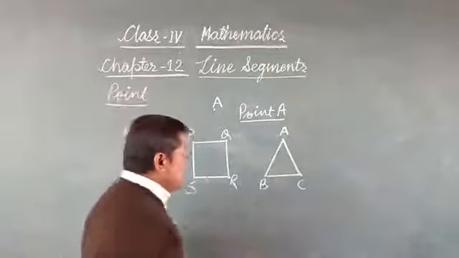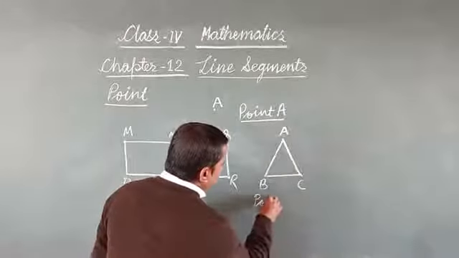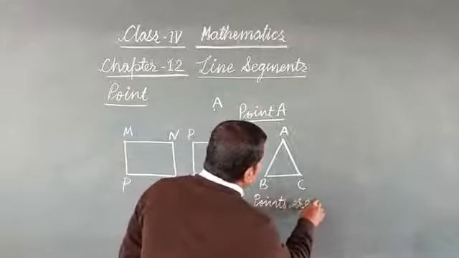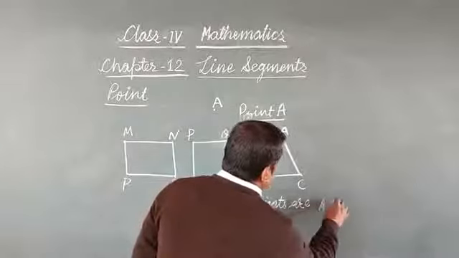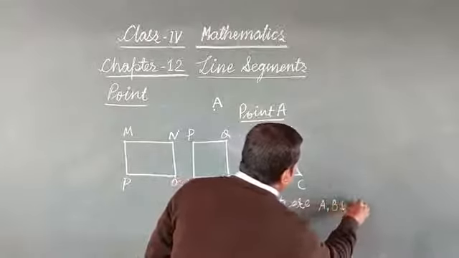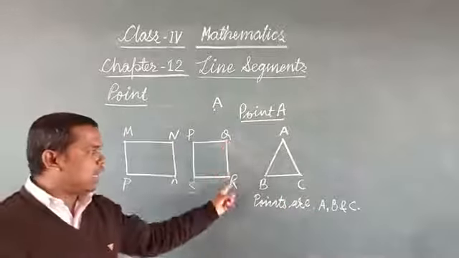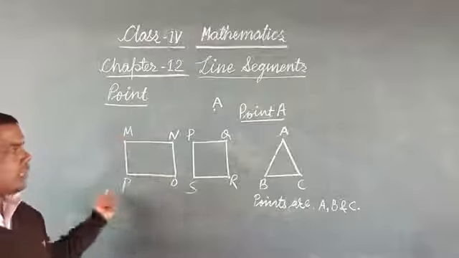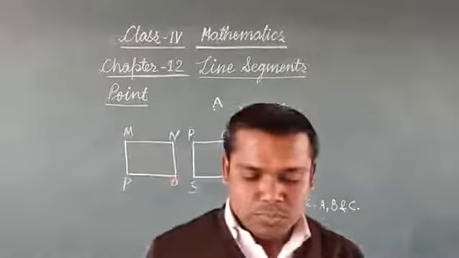As for example, in this figure, points are A, B and C. In this figure points are P, Q, R and S. In this figure points are M, N, O and P. So I hope you understood about point.